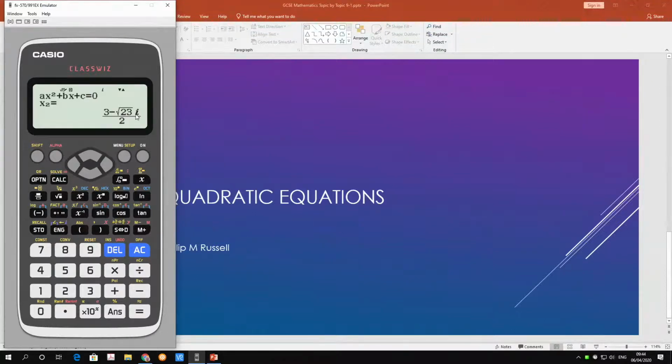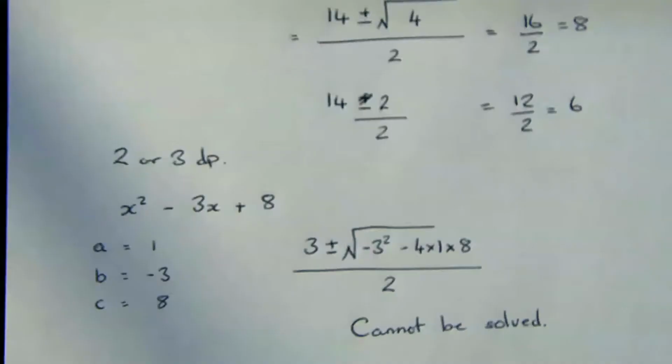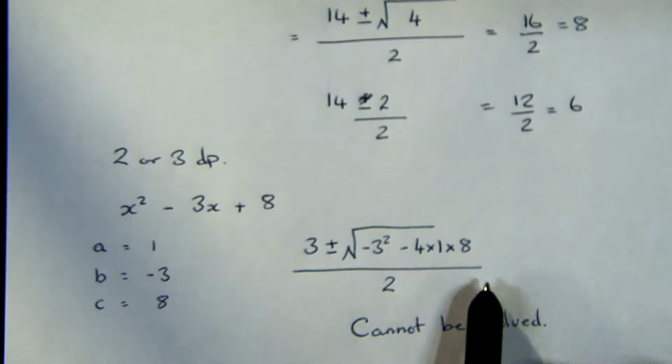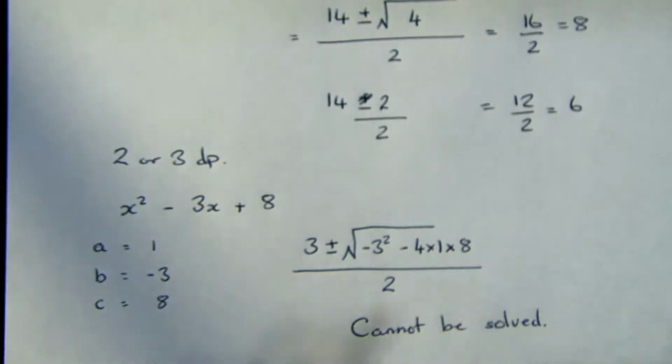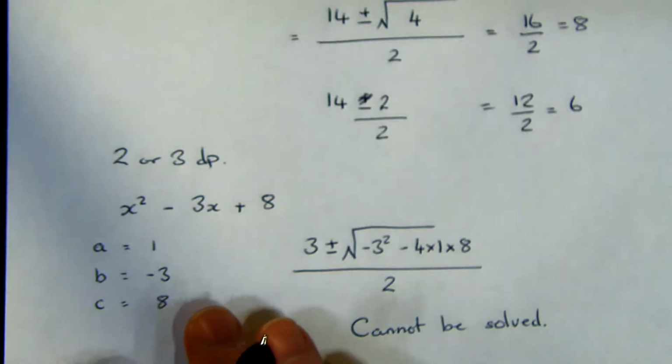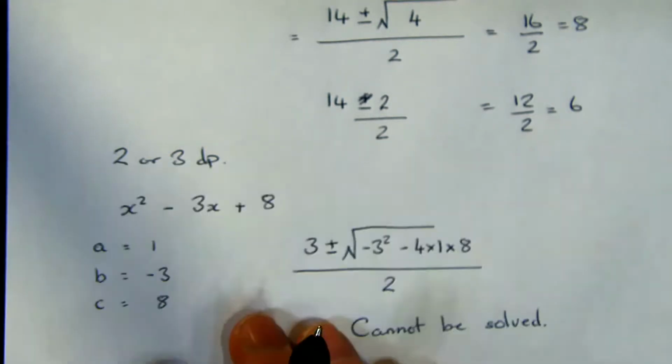And it's one that cannot be solved, because we've simply got one of these horrible numbers. Now, why can't it be solved is where I want to finish up today.